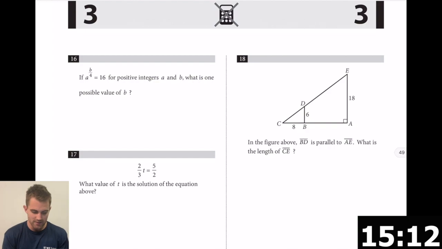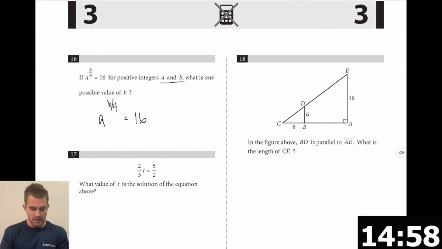So in this case, we have a over b to the 4th equals 16 for positive integers. What is one possible value of b? So again, we get a to the b over 4 is equal to 16 for positive integers. Let's see, what could we do here?